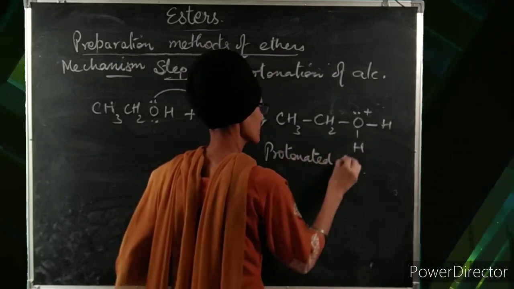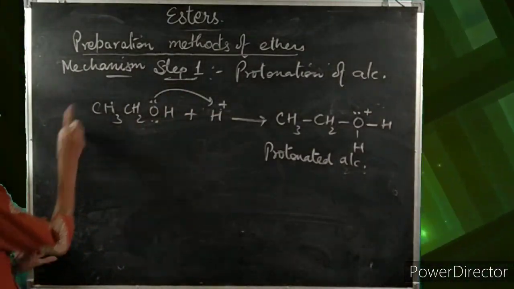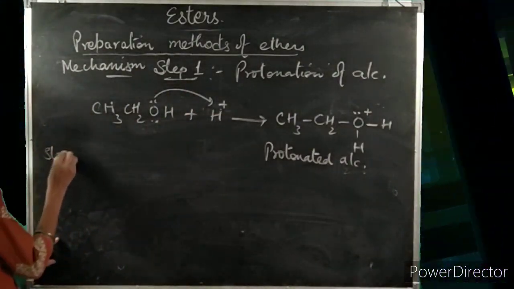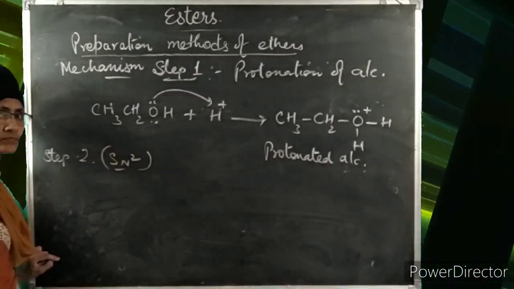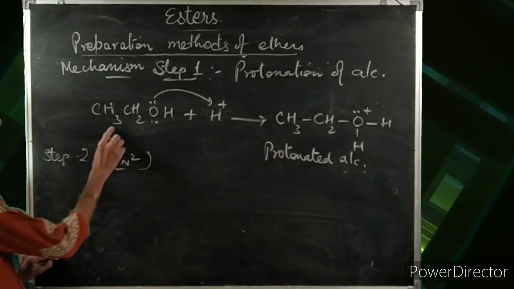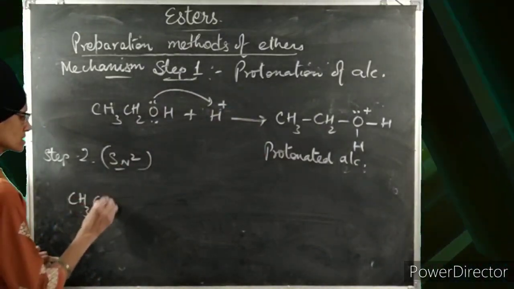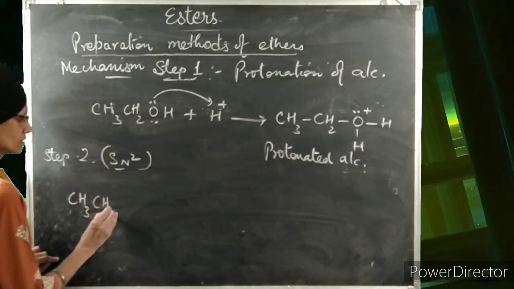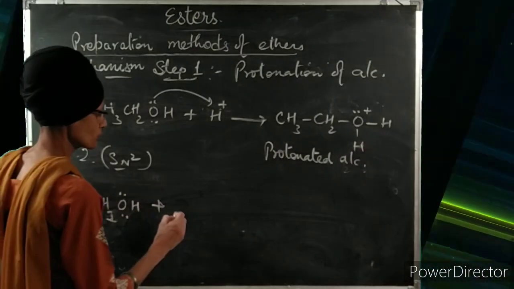The second step is the reaction of alcohol with protonated alcohol. This is step 1. Step 2 follows SN2 mechanism, a single step, where the reaction of the alcohol and protonated alcohol takes place. You can see this is the alcohol molecule and this is the protonated alcohol.